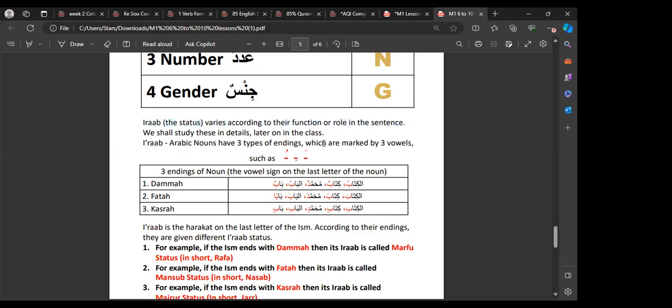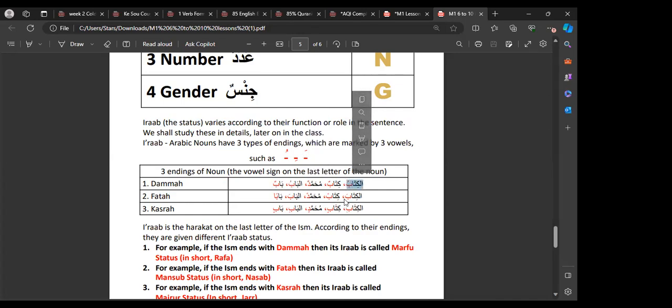Arabic nouns have 3 types of endings: damma, fatha, and kasra. And then the examples for damma: al-kitabu, kitabun, Muhammadun, al-babu, babun. So al-kitabu would be the book.